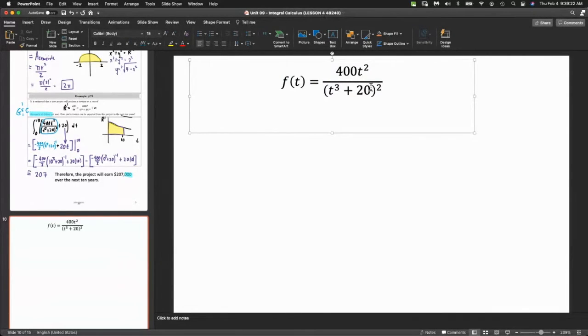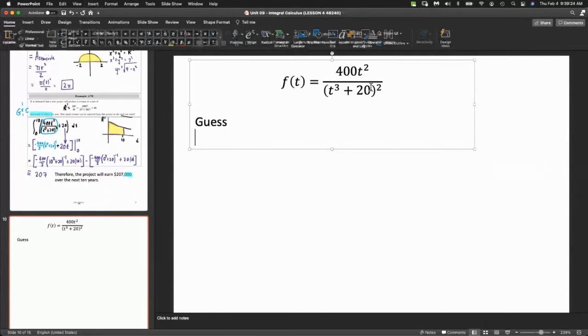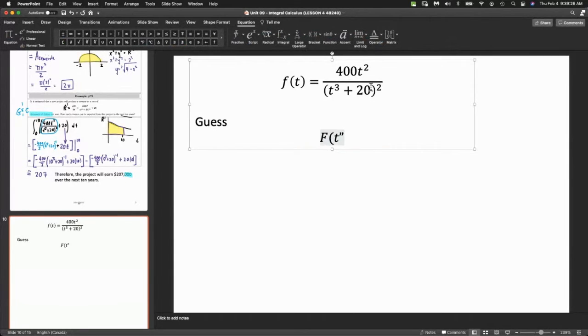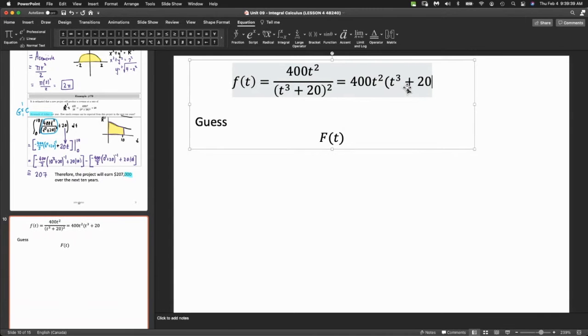So we're going to guess the antiderivative. So this is the antiderivative. In order to guess it, it would be beneficial to rewrite this thing here without the fraction. So if you did that, you'd have t cubed plus 20 to the negative 2.